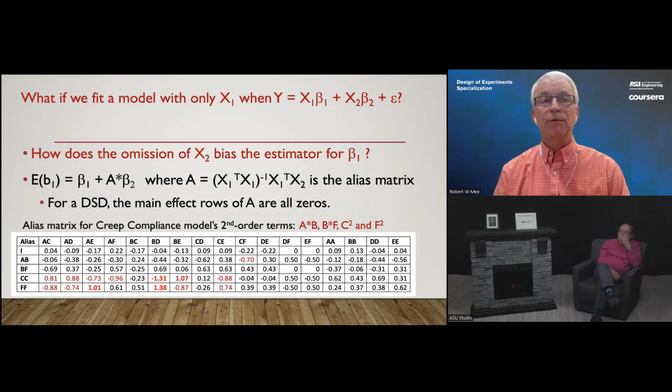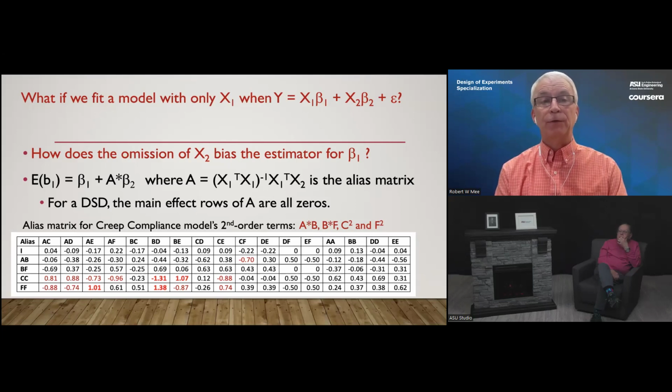So what if I have a true model that has columns in this matrix X1 and in another matrix X2, but I only fit a model with X1. X1 is the model matrix that I use to fit, but I have omitted columns of X2. Well, how does the omission of the columns in X2 bias the estimator for beta 1?